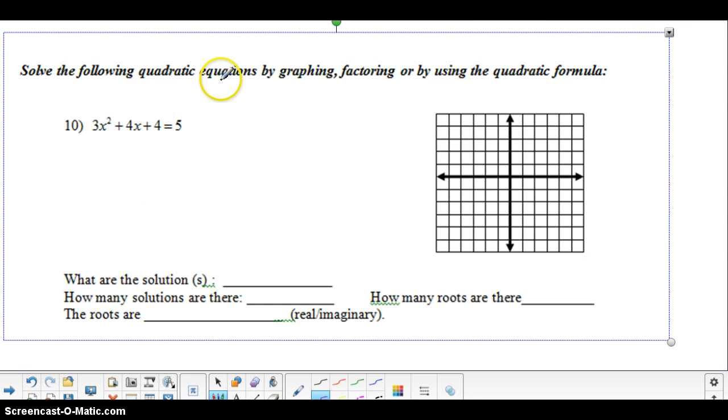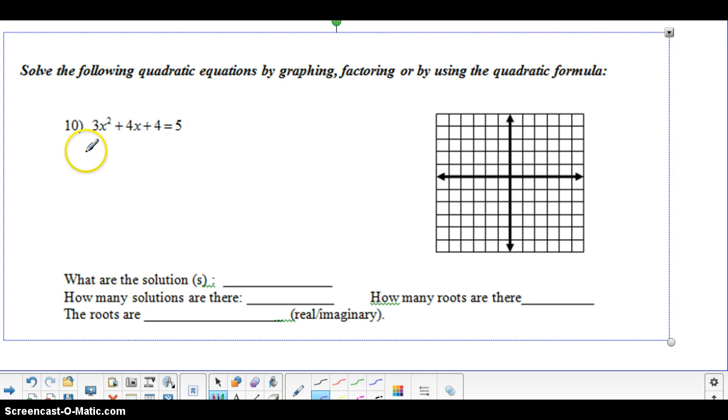So number 10, remember from our unit 4, we're solving quadratic equations, and we have lots of options here. You have graphing, factoring, or the quadratic formula. You can also use completing the square, and in this case, it turns out it's not factorable.